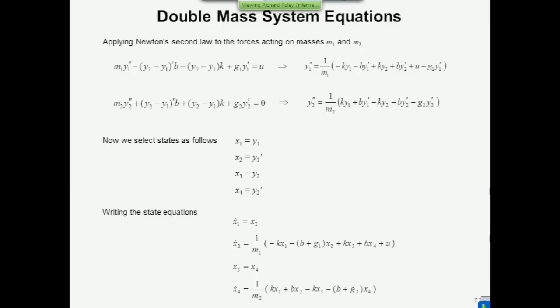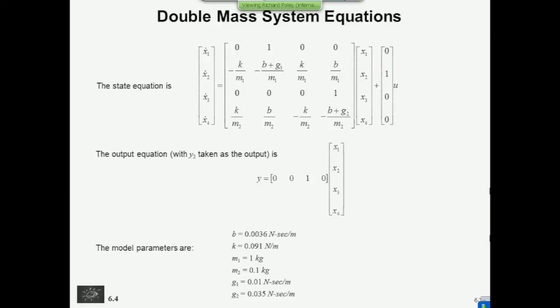Without going into details, these are the equations of motion, and this is how the state equations look. It's 4th order, so you've got a 4 by 4 system matrix.